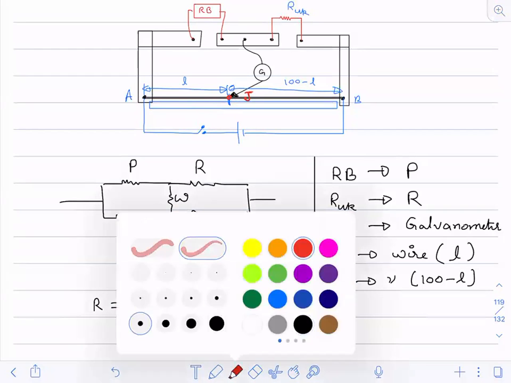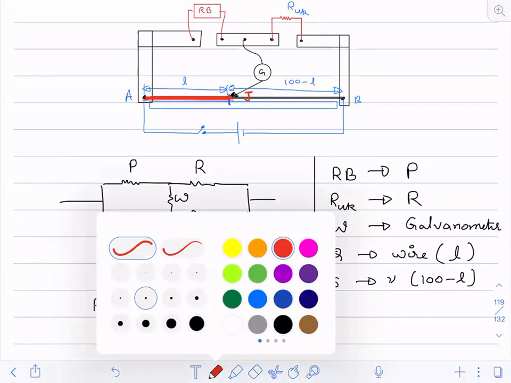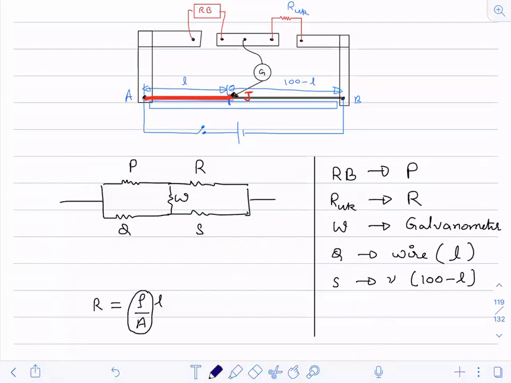One resistor is this red one, and the other one is this. So these are two resistors. So total 5 resistors we see in the meter bridge also now.